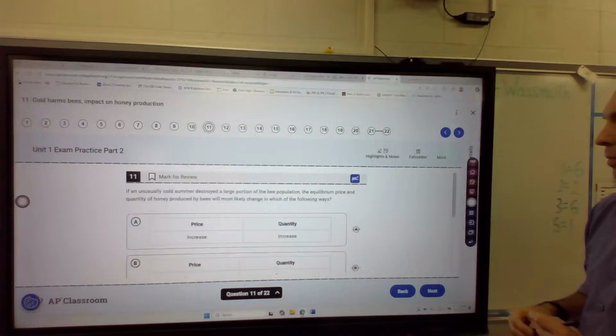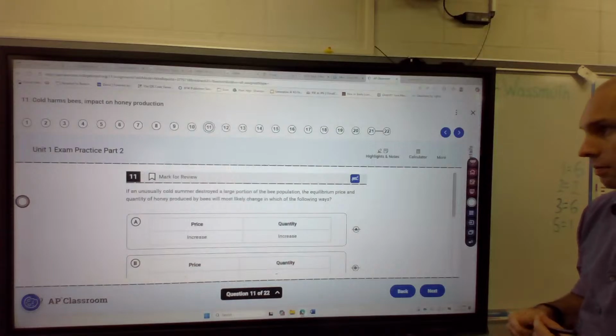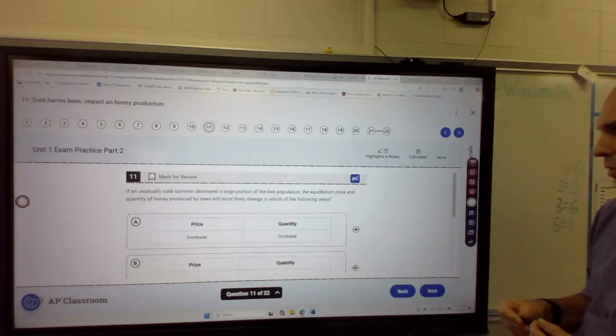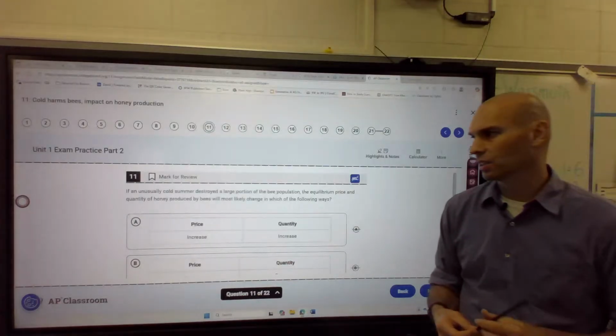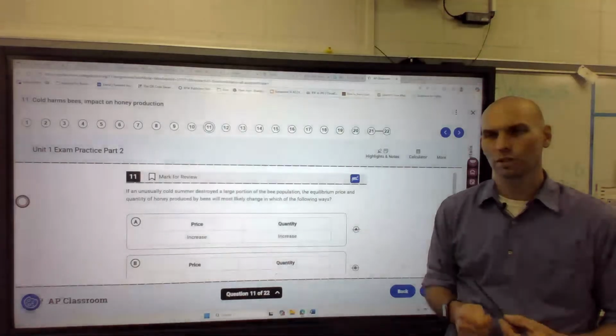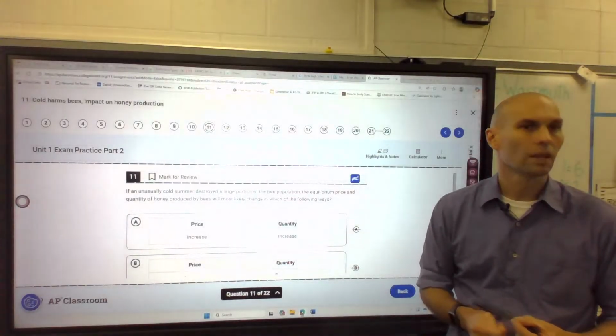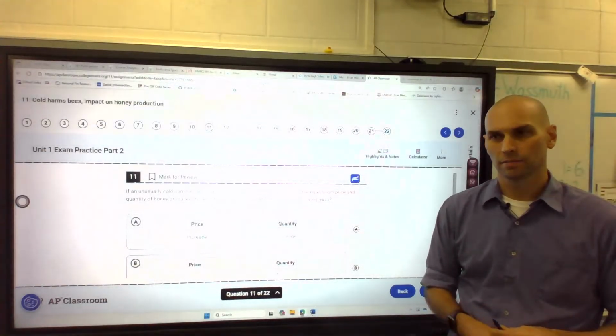If an unusually cold summer destroyed a large portion of the bee population, the equilibrium price and quantity of honey produced by bees most likely. So what would that be, a supply shifter or demand shifter? Supply shifter. Increase or decrease supply? Decrease.